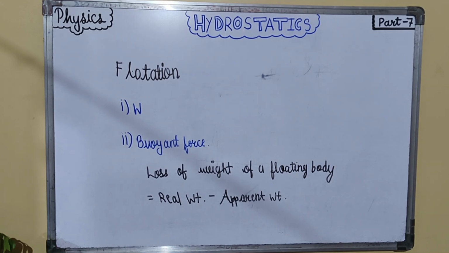Loss of weight of a floating body is complete. As the floating body is weightless, it means that it has lost its weight completely. Loss of weight of a floating body is equal to real weight minus apparent weight. Real weight minus 0 is real weight.